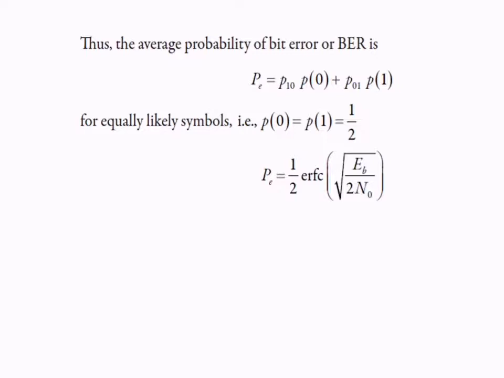We have only two symbols, 0 and 1, which are equally likely, that's why this will be equal to 1 by 2. On substituting all these values, you will get Pe, or probability of bit error, equal to 1 by 2 erfc root of Eb by 2N naught.